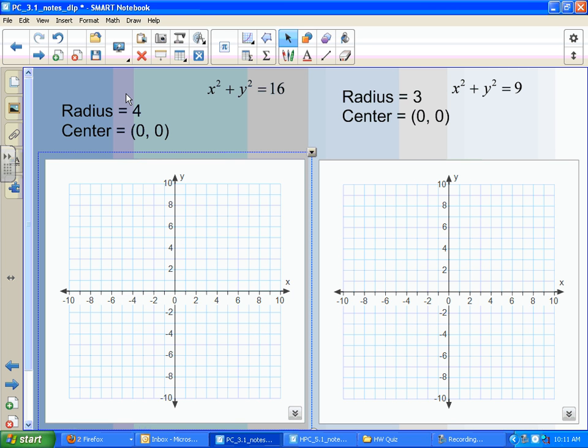What do you think people sometimes do with the radius? Yeah, they'll forget to square it. Exactly. So when you're writing your equation, don't forget to square the r value, whatever that is. So those aren't going to be x squared plus y squared equals 4 and 3. They're going to be x squared plus y squared equals 9 and 16.